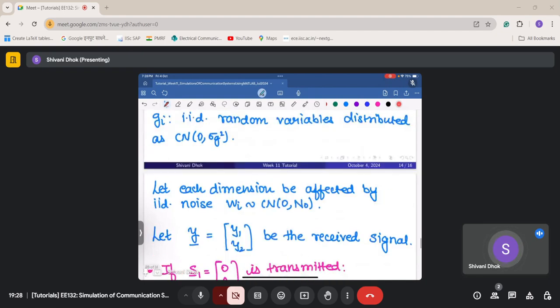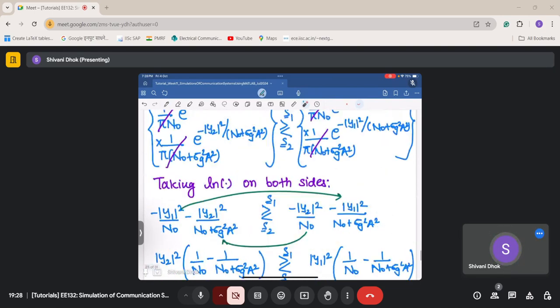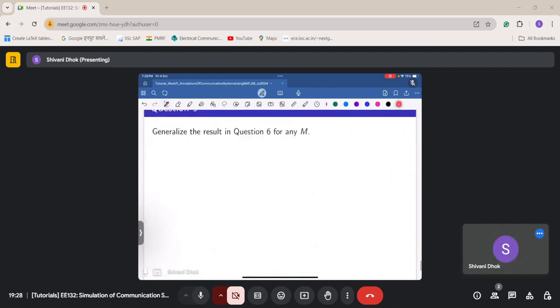In S1 I had the second dimension as A, and in S2 I had the first dimension of A. So here for general M, the mth point in constellation, let the mth entry be non-zero, or mth entry be positive. Okay, so this is Sm that I'm having here.